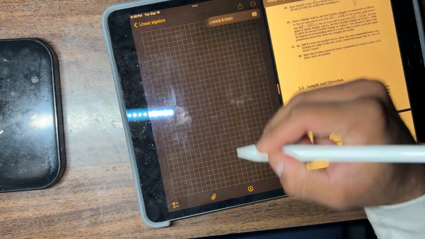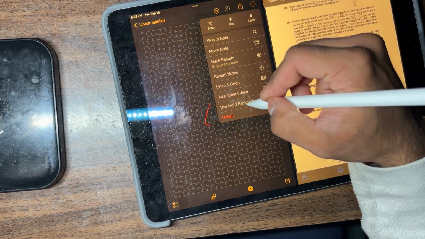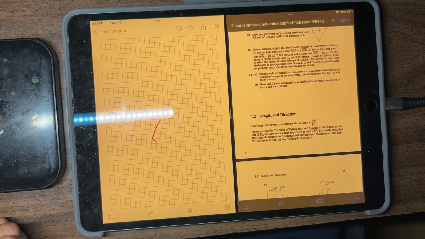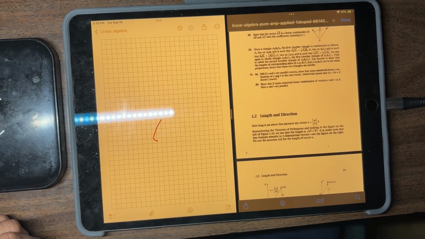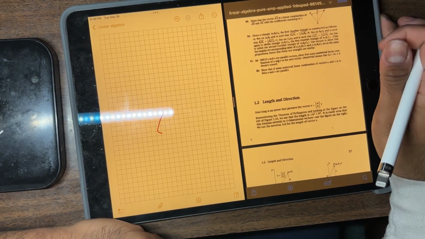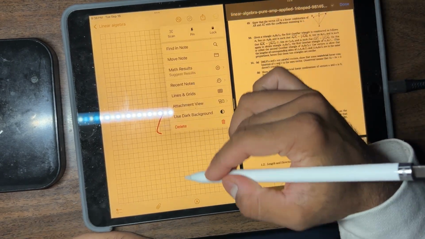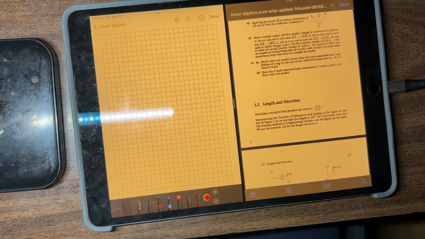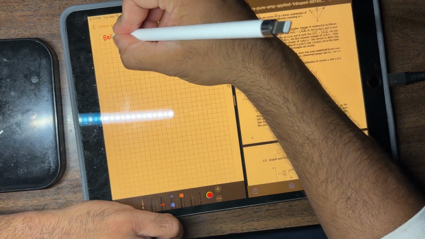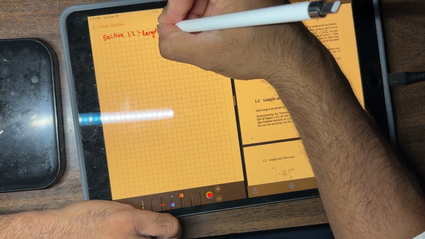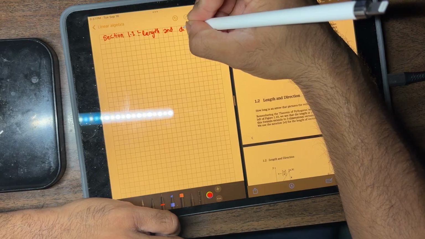And as usual, I hope you guys can see. Section 1.2, length and direction.